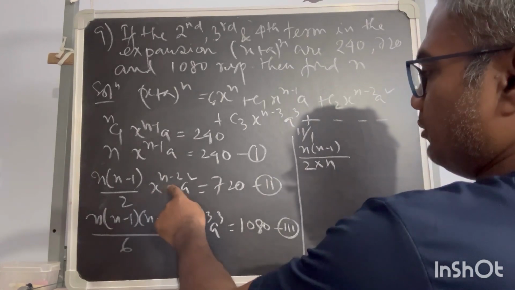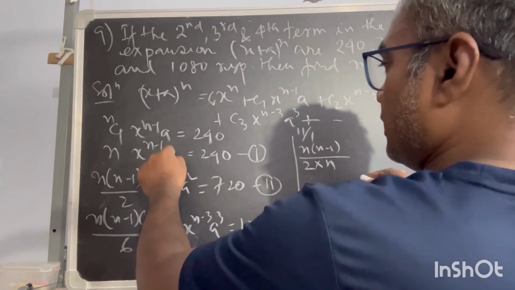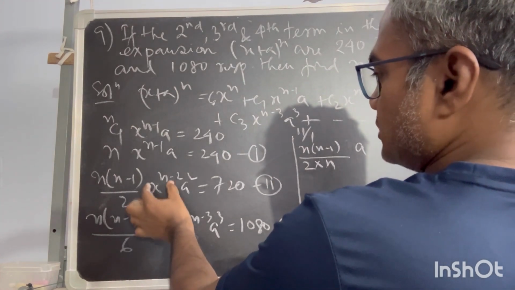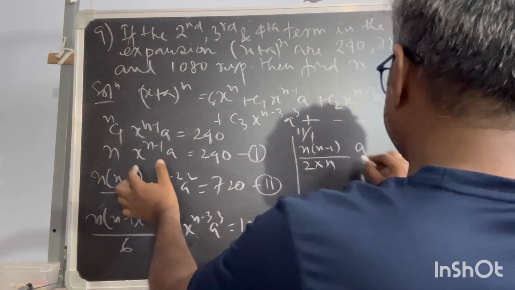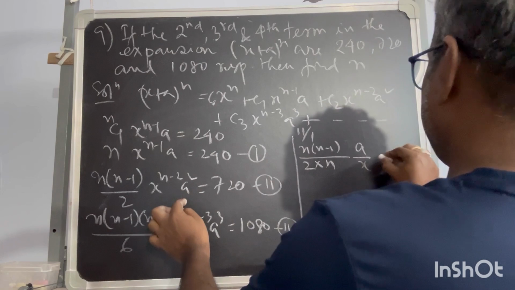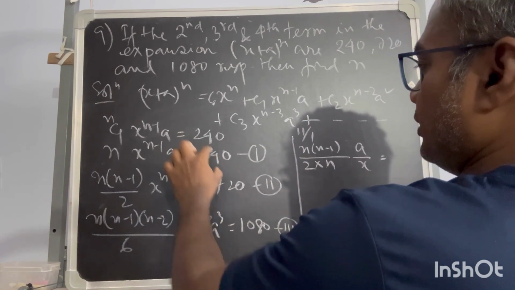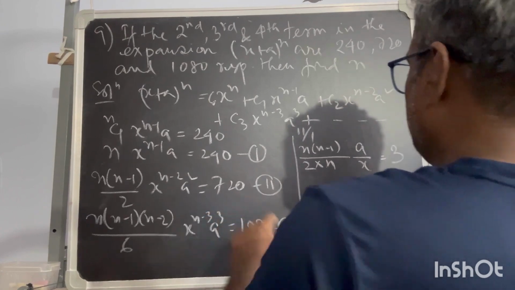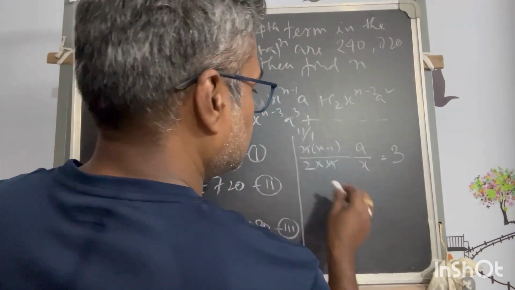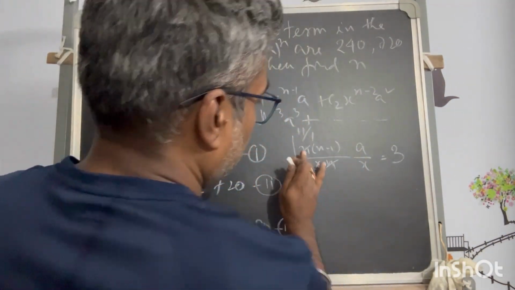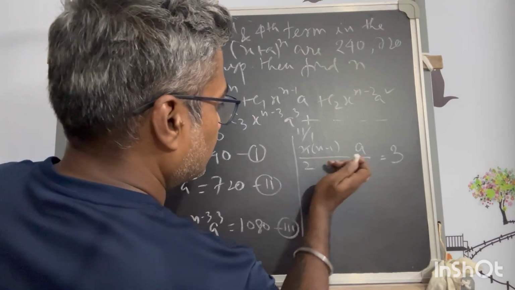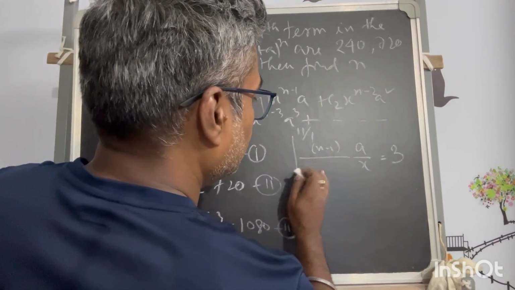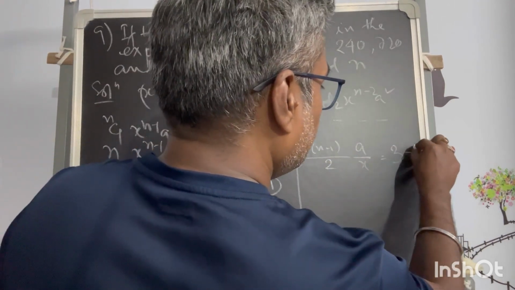The thing will remain at the top, a and a will cancel out, I will get a only, and this will be x to the power n minus 2 divided by x to the power n minus 1, so x will remain at the bottom. And if I divide 720 by 240, it will be 3. So now I can reduce further, n will be cancelled out, so I can remove it and 2 will be there. So this is my fourth equation.